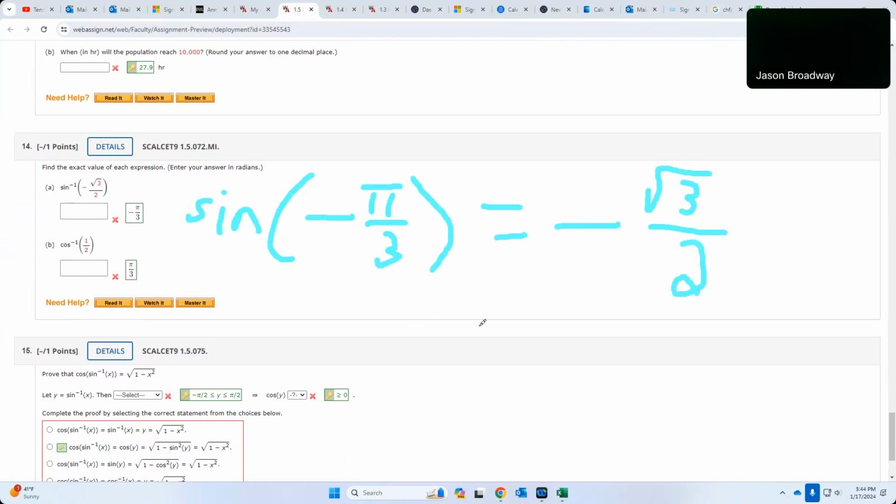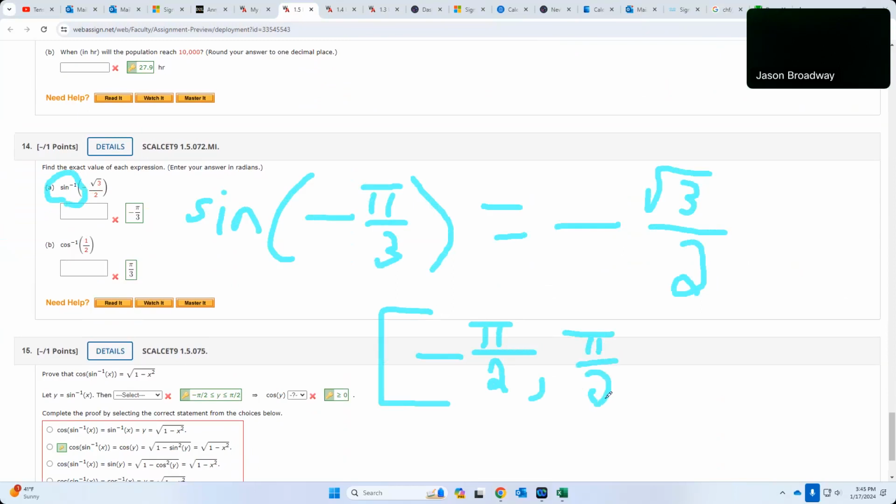We restrain ourselves so the arc sine has an output. Let's do the output of the arc sine, or the inverse sine. Inverse or arc sine has an output.